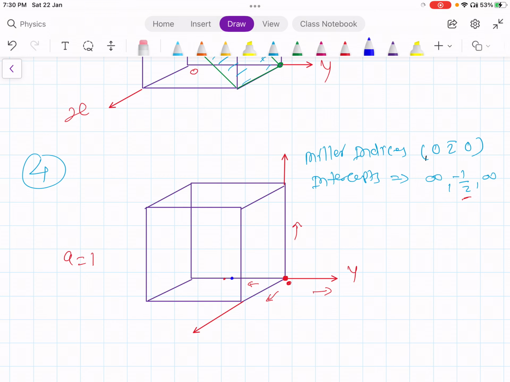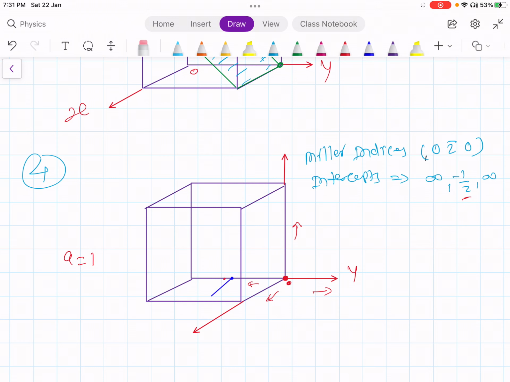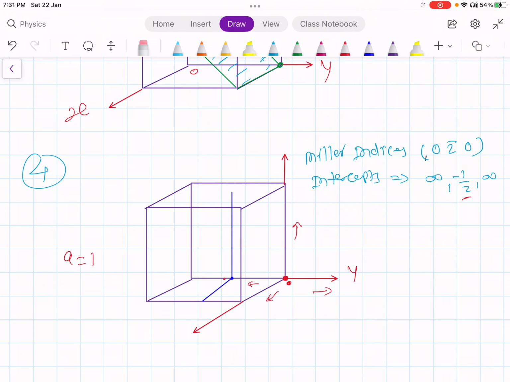Then how to draw the plane? This plane is parallel to the x-axis. So a parallel line to the x-axis is this. The plane is parallel to the x-axis as well as the z-axis. So a parallel line to the z-axis is this.